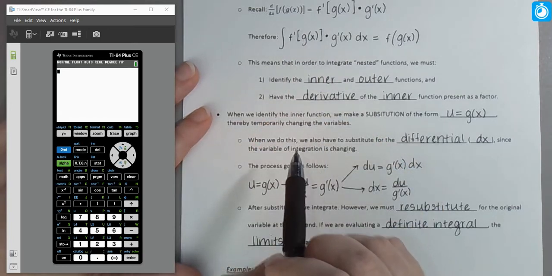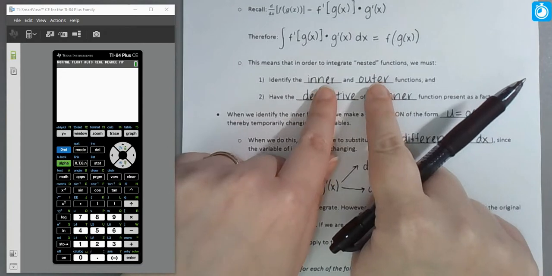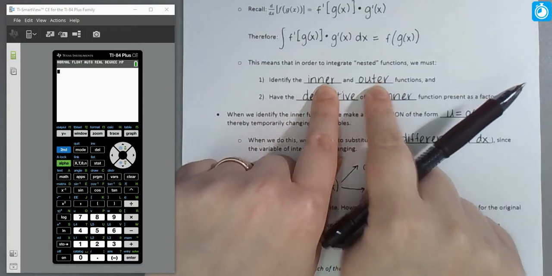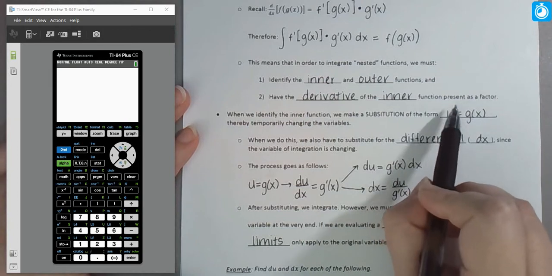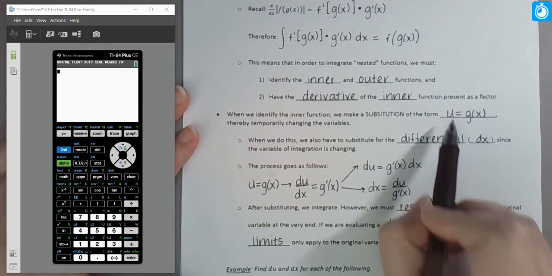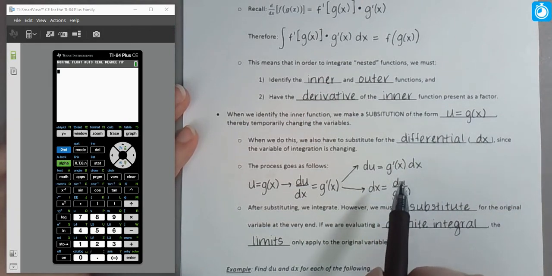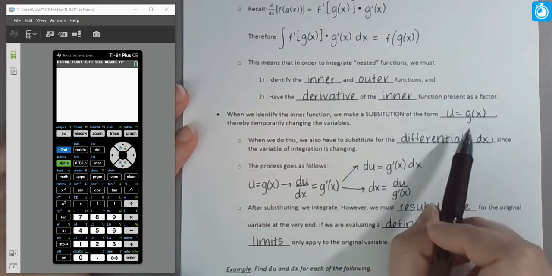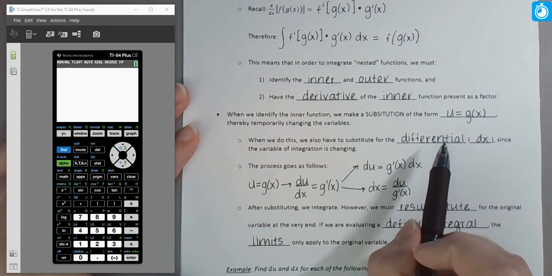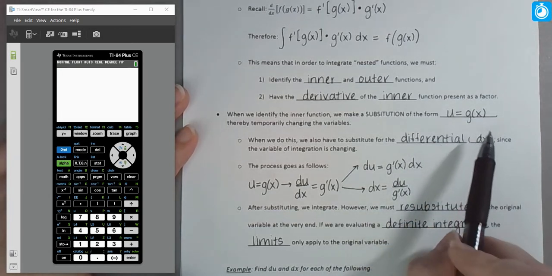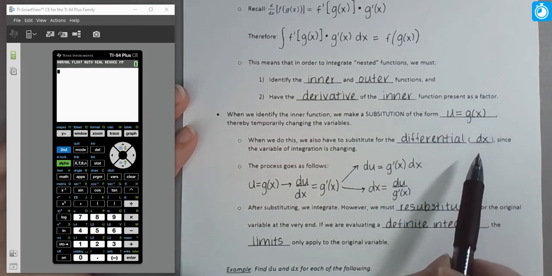So once we identify our inner and outer function, we're going to replace our inner function with a substitution variable. We're going to use the variable u. So wherever we see that inner function, g of x, we're going to replace it with a new variable that we're calling u. We also have to replace our differential dx in order to change the variable of integration.